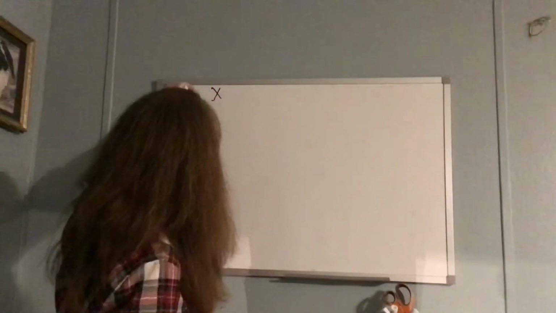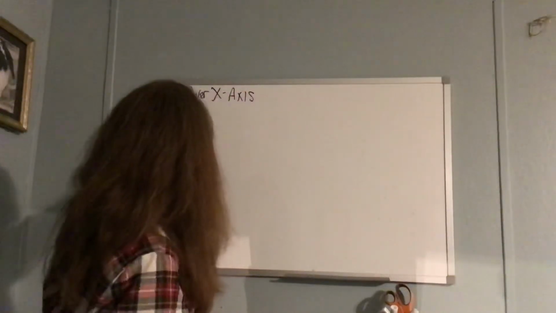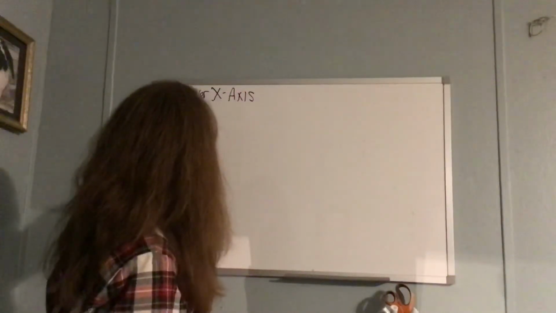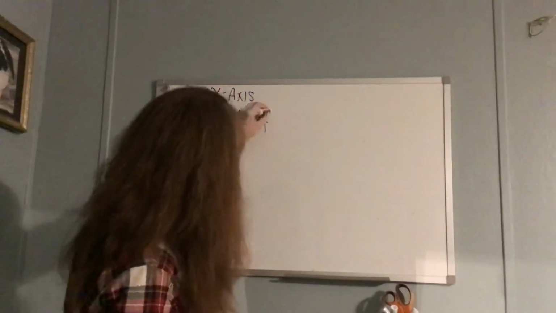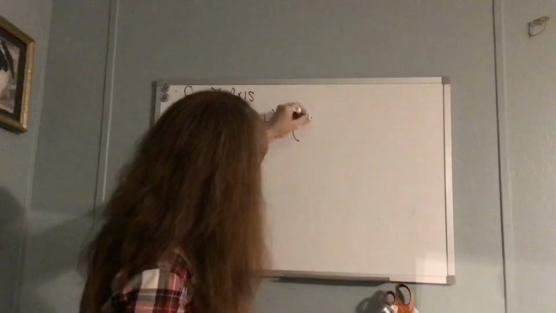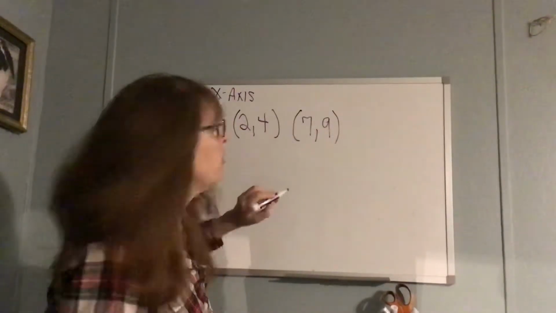So these points I'm going to reflect over the x-axis. Okay, and I'm going to write a couple of points down. 1, 3, 2, 4, 7, 9, butterscotch Snickers.